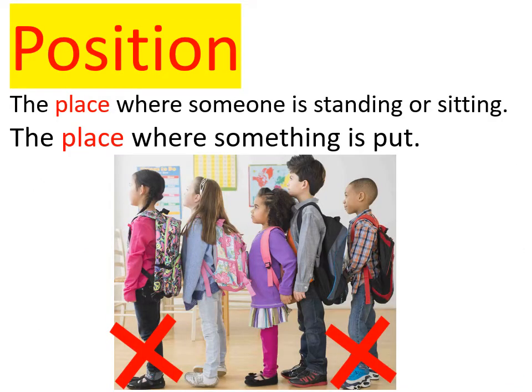Position is the place where someone is standing or sitting, the place where something is put. So when we looked around the room, things tend not to move, they tend to stay in their position. Unless you're human and you have energy, then you're probably moving.